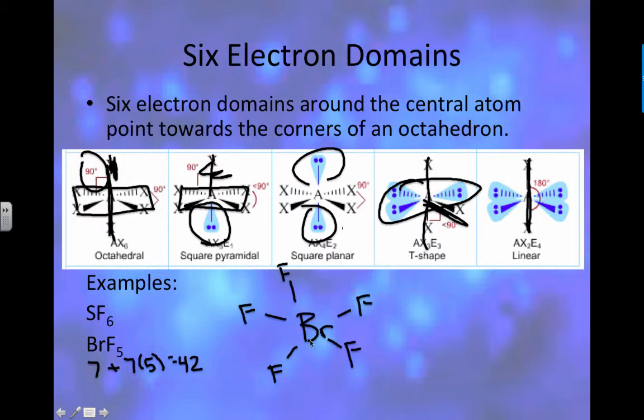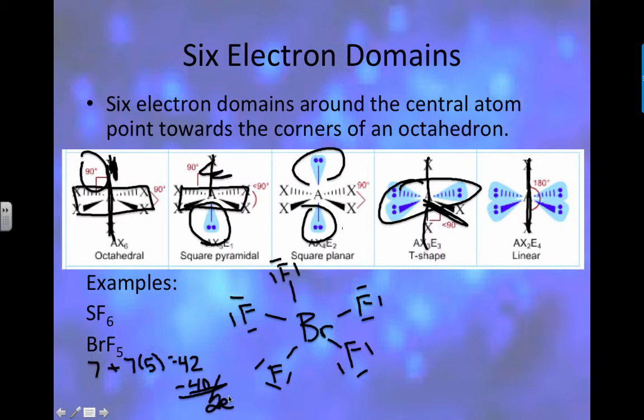So I have 10 electrons shown, then I go 12, 14, 16, 18, 20, 22, 24, 26, 28, 30, 32, 34, 36, 38, and 40. And I'm still left with 2 electrons to find a home for, right?